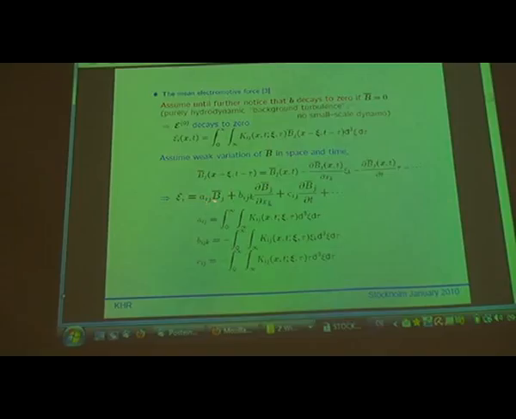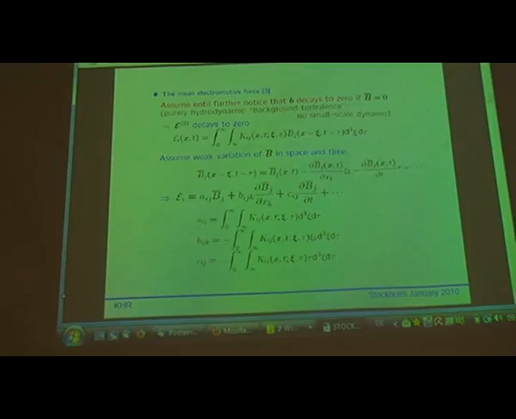Tensor Aij times Bj, third rank tensor Bijk times the derivative of B bar, and the same with the time derivative of B. And you see immediately that these quantities Aij, Bijk, and Cij can be represented with this K.